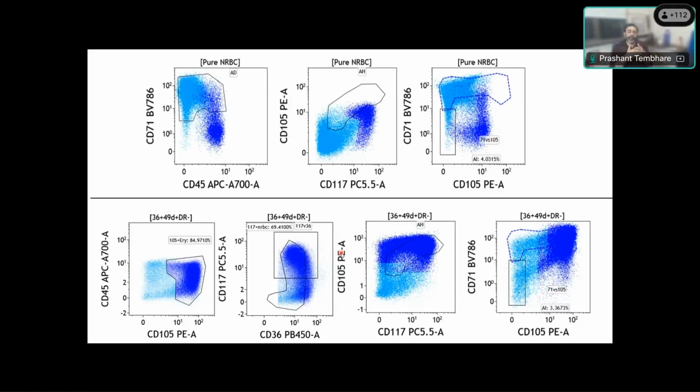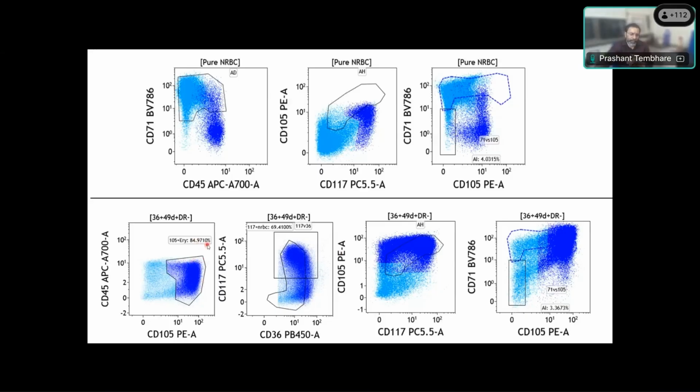But in MDS, because it is dysplastic, ineffective erythropoiesis, usually the latter component is destroyed and seen less, and we have more early precursors. That means the pronormoblast and intermediate normoblast population is high. So when you have a higher population of CD105 positive cells, it also indicates ineffective or dysplastic erythropoiesis.